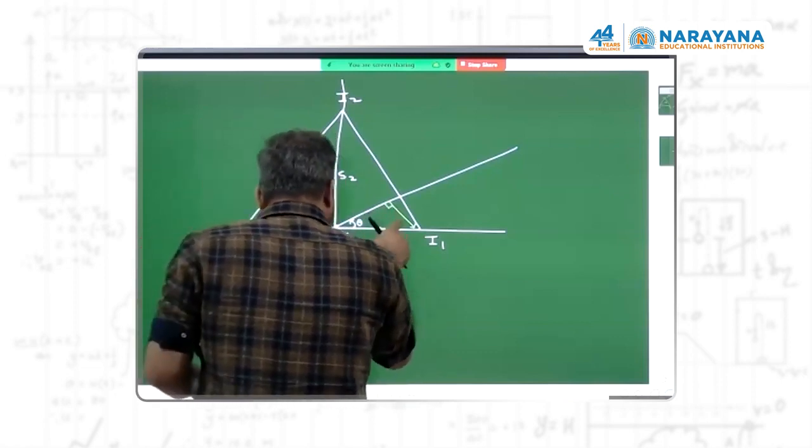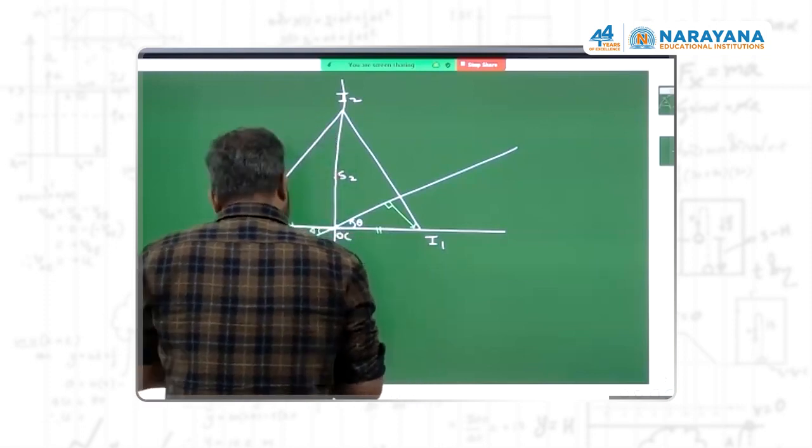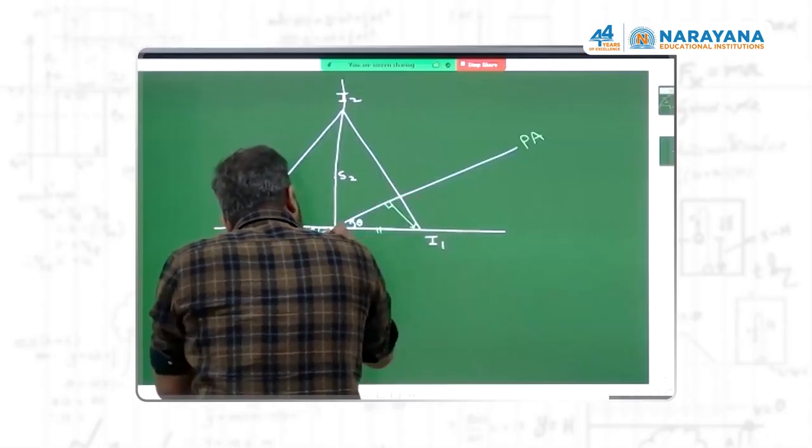So you can see these two triangles are congruent, right? That basically means these two sides are equal and the three angles are also equal. So this side is also equal, and this is the principal axis. S1 represents the object location and this represents the image. And this length is equal to this.